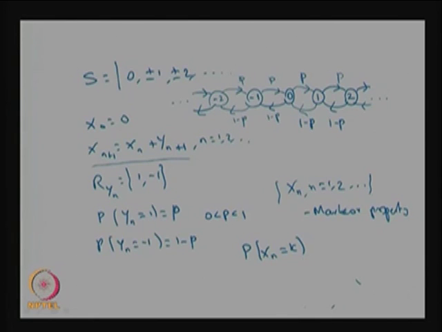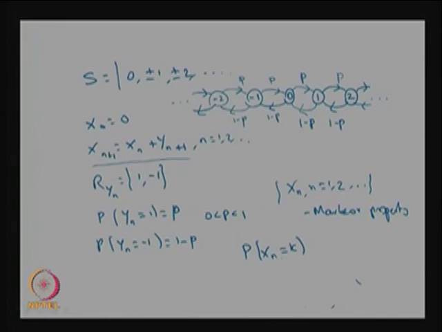From the one step transition probability matrix you can find out P square, P cube and so on, and you can find out P power n, and that element is going to be the n step transition probability.